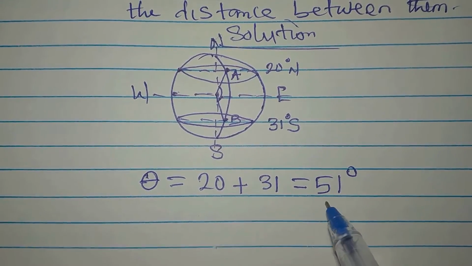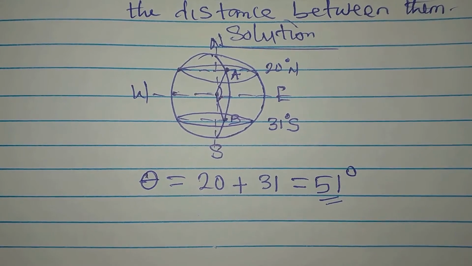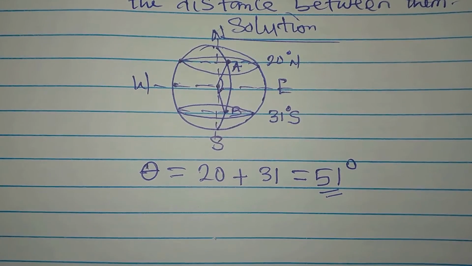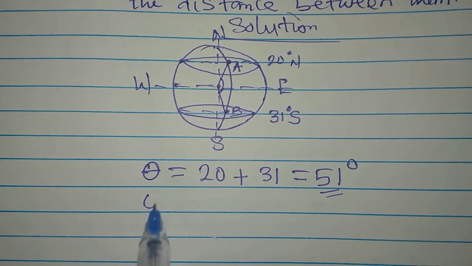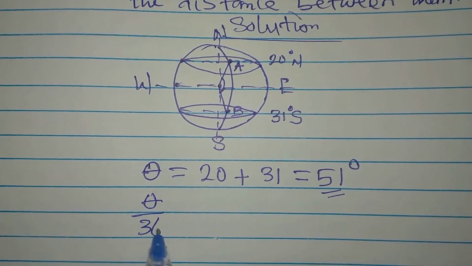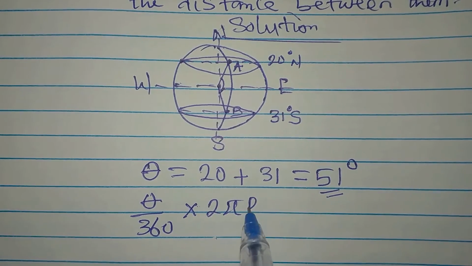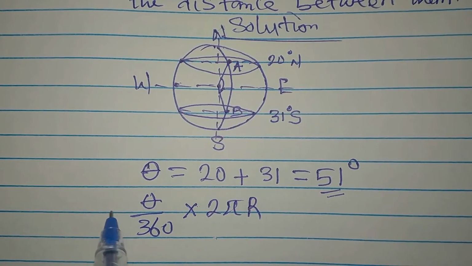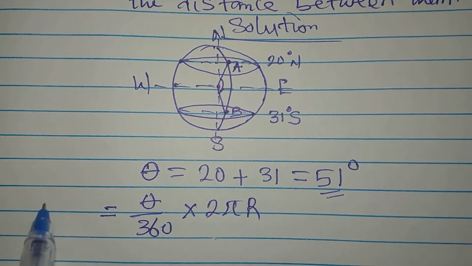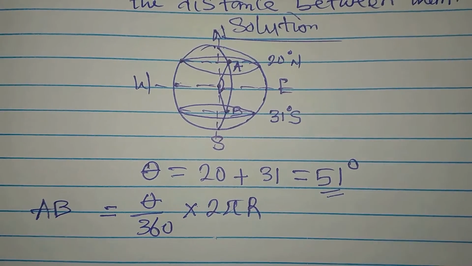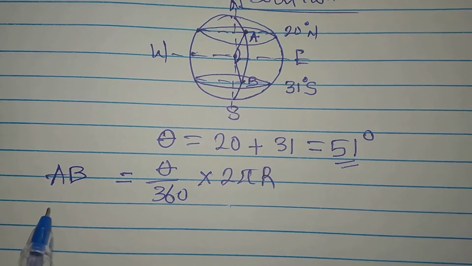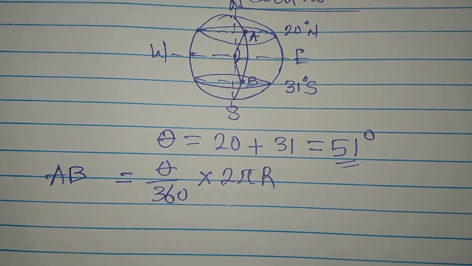So this is our theta that we are going to use. And then what is the formula? The formula is theta over 360 multiply by 2 pi r. Now, this formula is for the distance between A and B. So that means that our AB is equal to this formula.